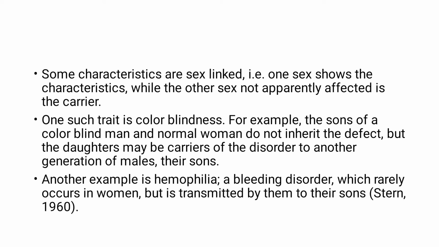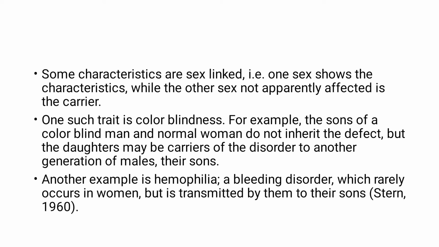Okay, so in color blindness, an affected male and a normal female, they get married and they produce the children. So under this, the daughters will become carriers, so that when they are married, if they are going to reproduce a child with a male child, the male child is going to have this condition.